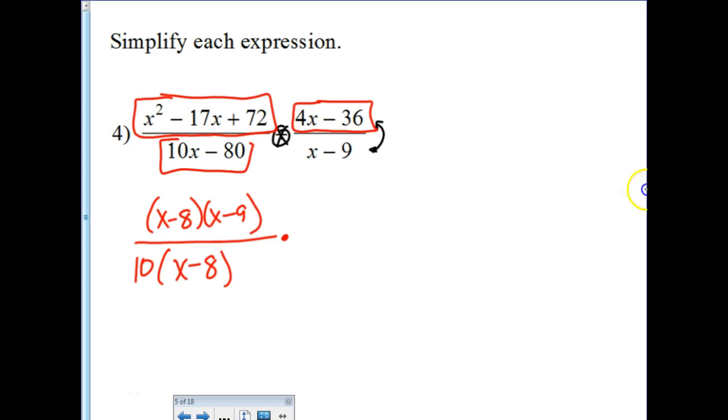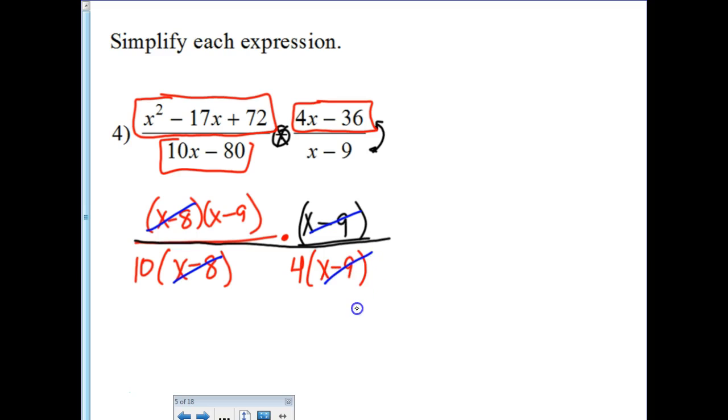Now remember, this x minus 9 is now in your numerator. And then down in the denominator, you have, let's see, a common 4 you could take out there. So 4 times x minus 9. All right, so it's one big fraction. Here goes our cross canceling. All right, x minus 8s are gone. One of the x minus 9s cancels with another x minus 9.